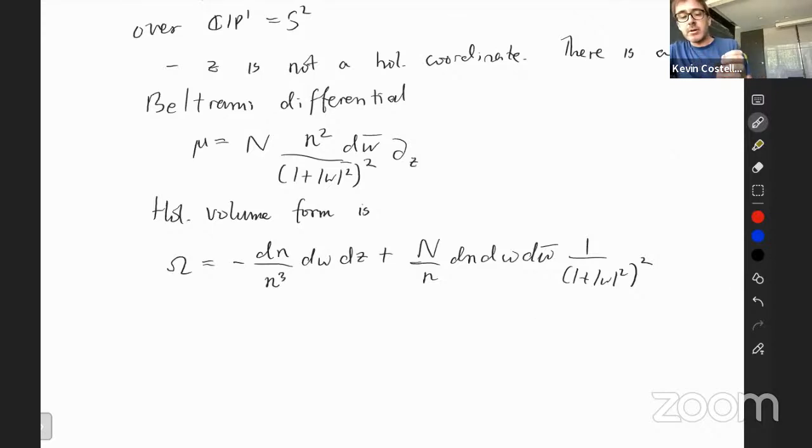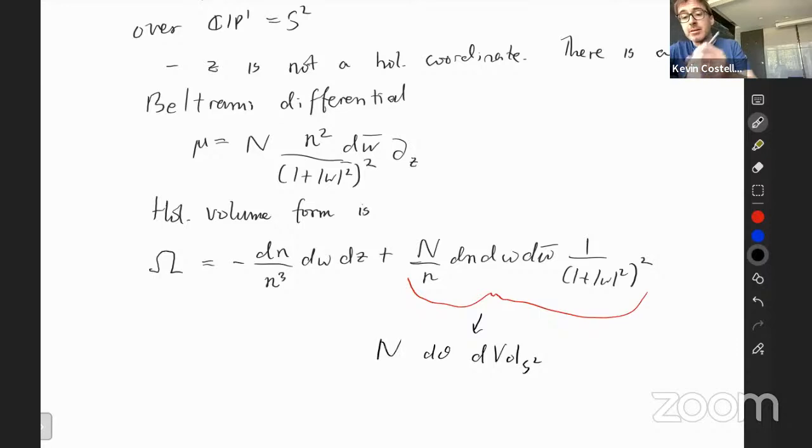It's important to note that if we look over here, there will be a piece of this which looks like d theta times the volume form on the two-sphere times N. From this, you see that the integral over the 3-sphere of omega is equal to N, as we would expect.